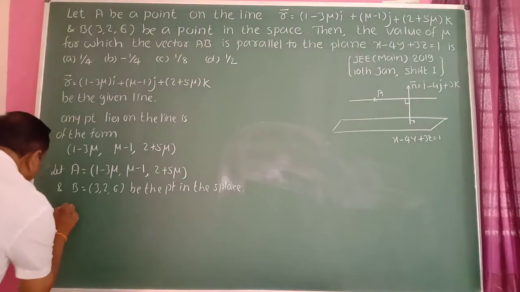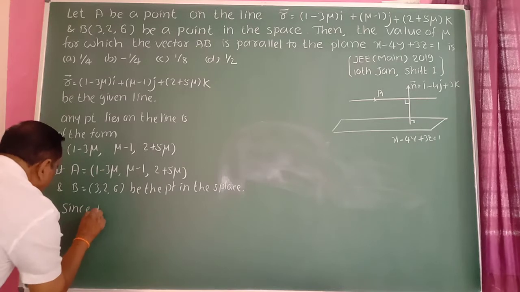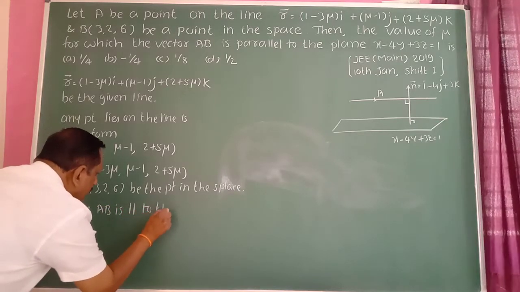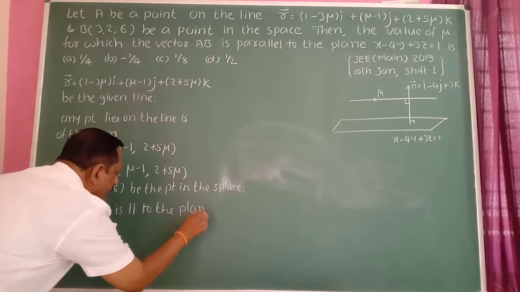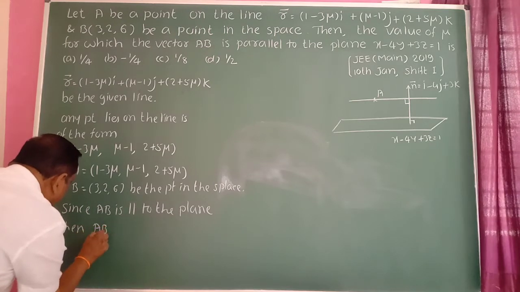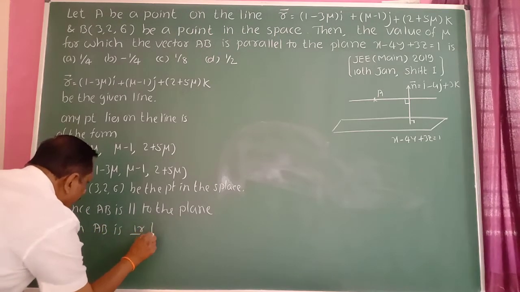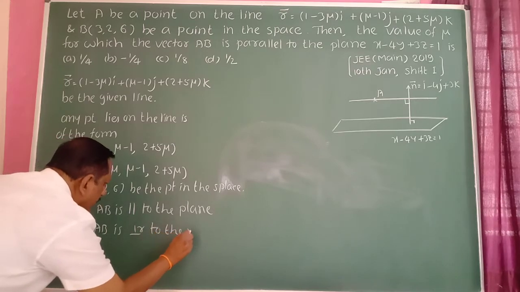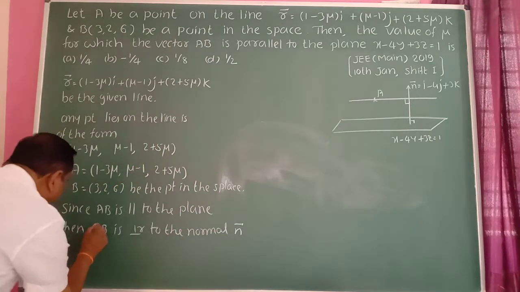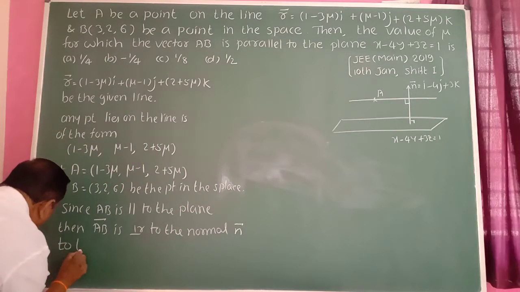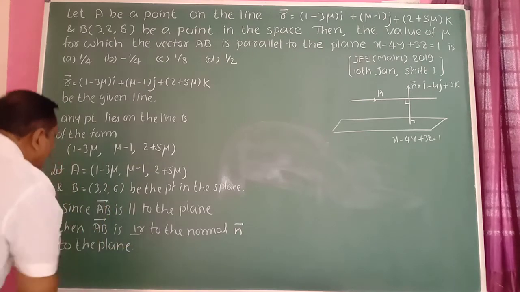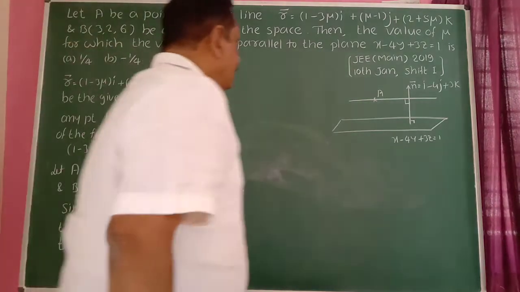Since AB is parallel to the plane, AB is perpendicular to the normal n bar to the plane.